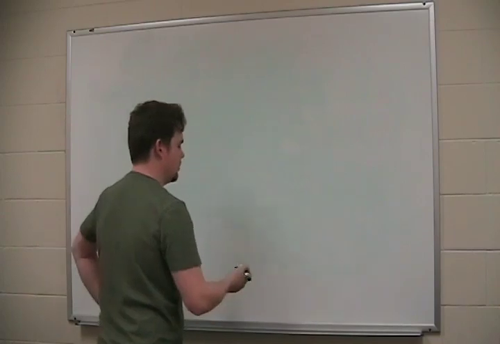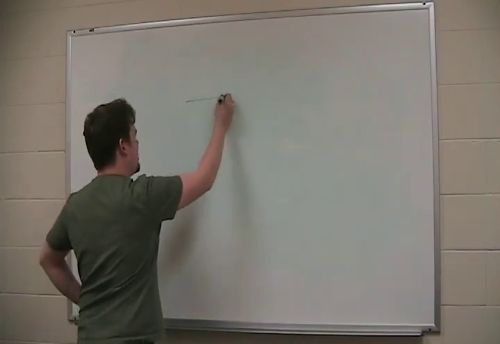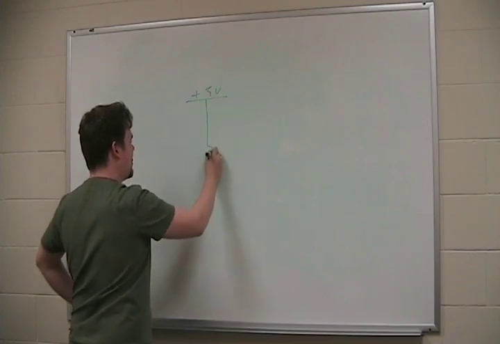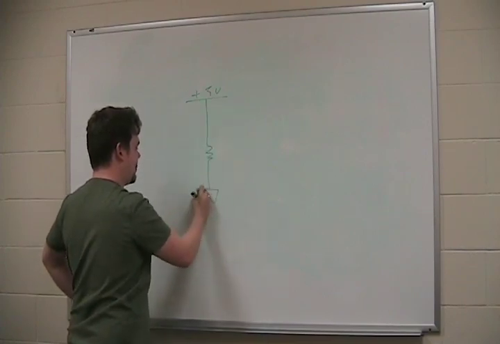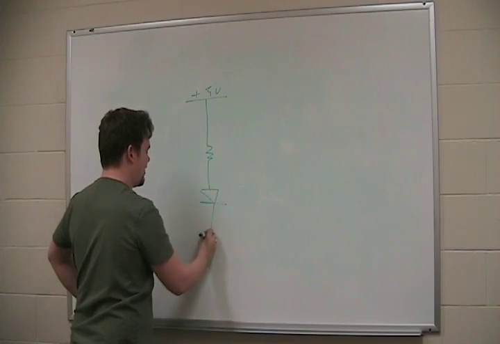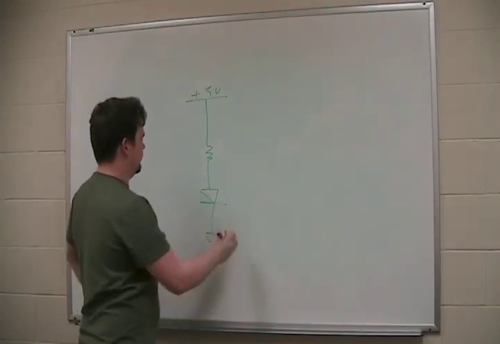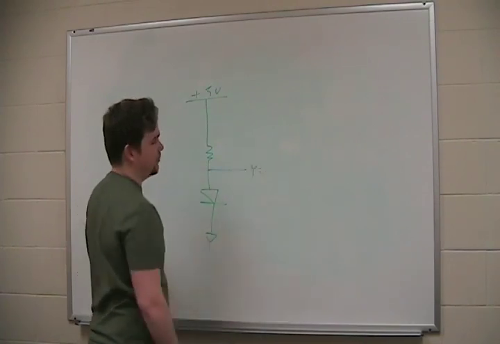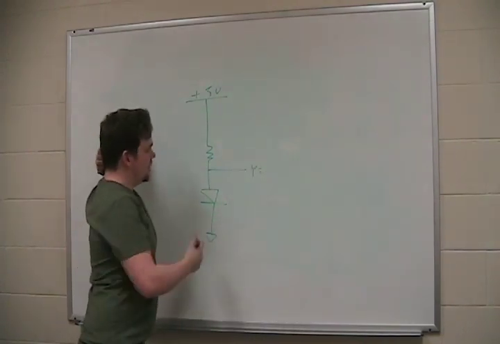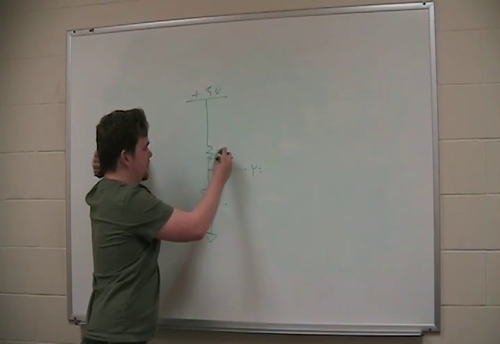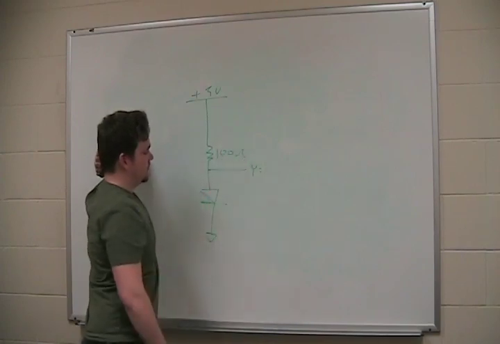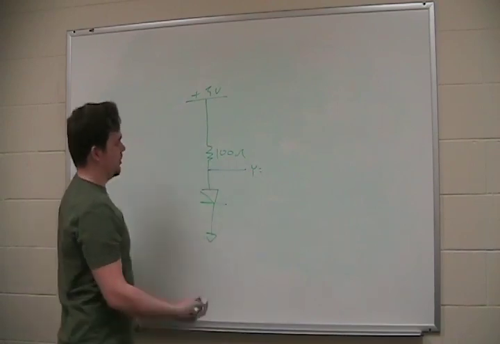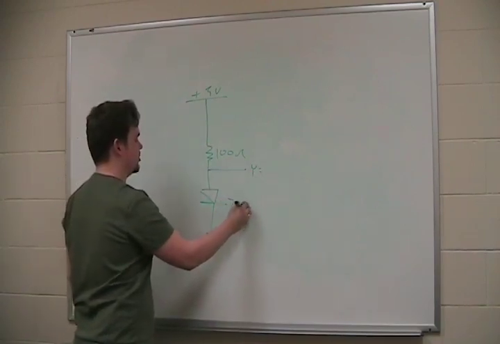Just one question for you here. Standard diode. This is the output. Why? So we got 100 ohms here. What are we going to get at Y? Well, we know that 700 millivolts is going to be dropped across here.